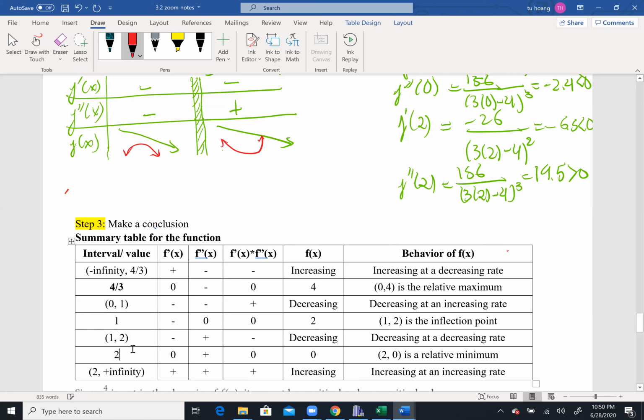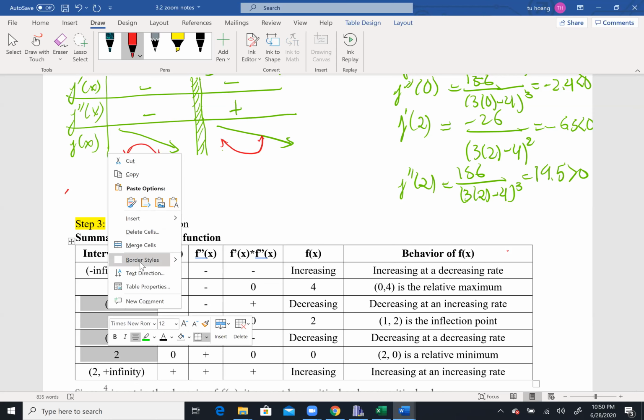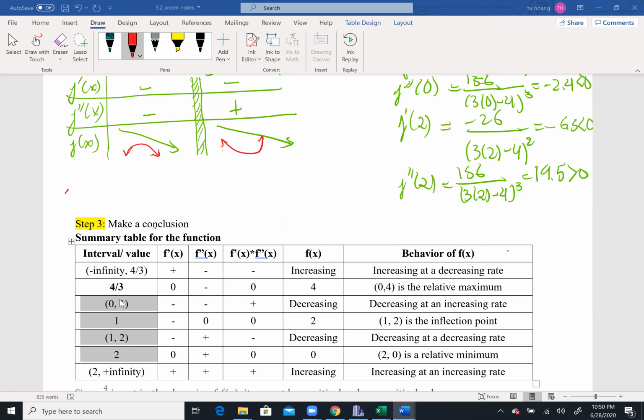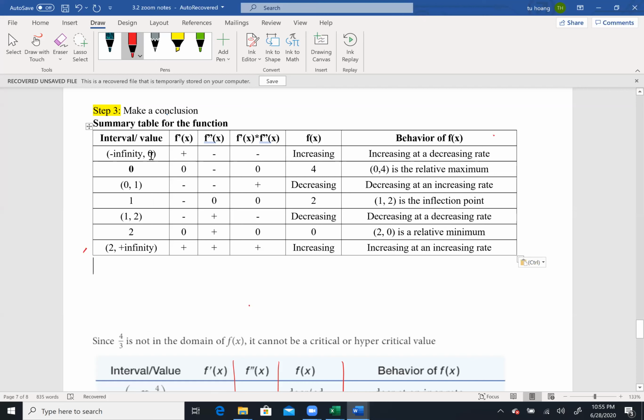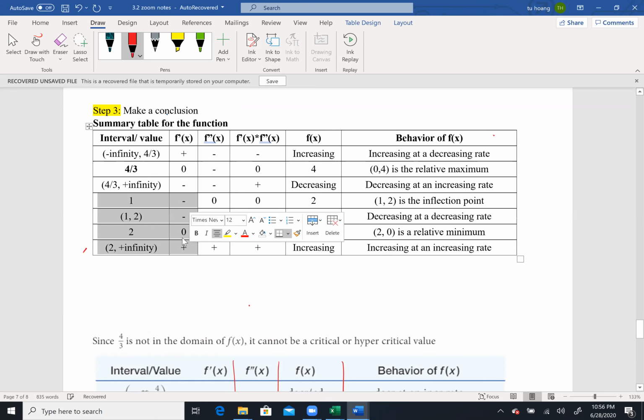And we're going to delete all this. So from negative infinity to 4/3, and then from 4/3 to positive infinity. And we'll just delete all the other stuff.